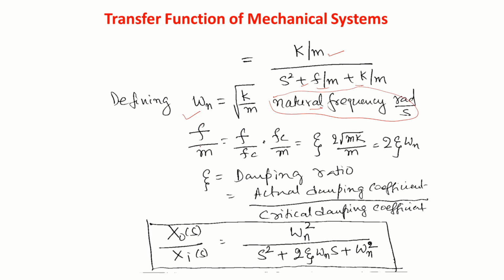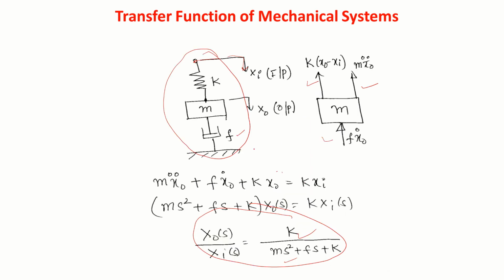So f by m, let me write as f by fc into fc by m. This is called critical damping. If you take the system and disturb it, it will start oscillating. But if I go on increasing the damping value, at a particular point it will just stop oscillating. That limiting point is what you call the critical damping value.